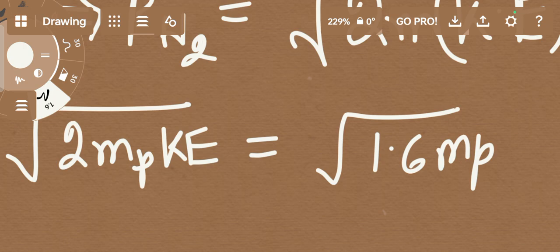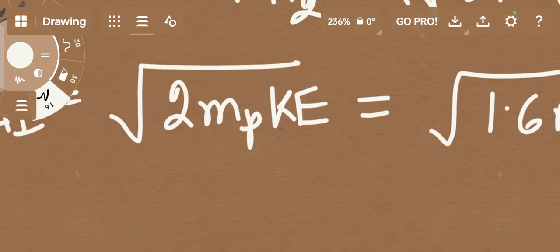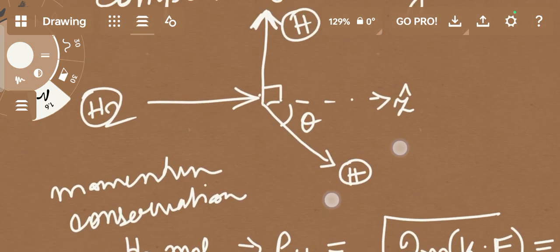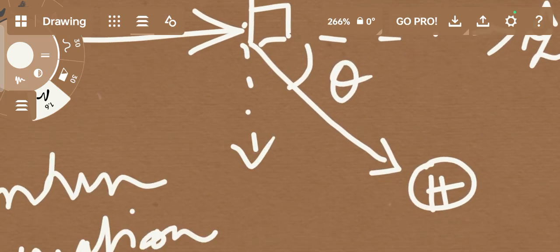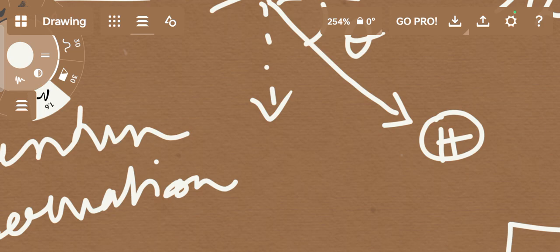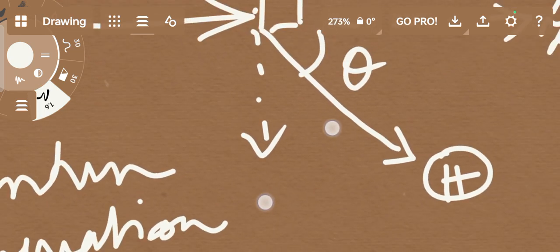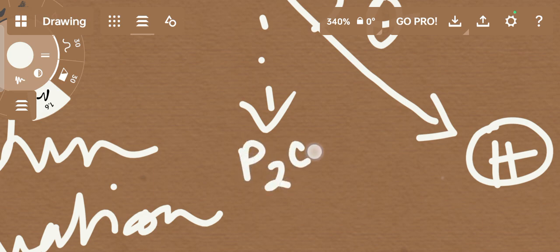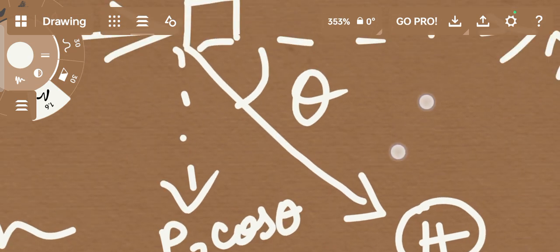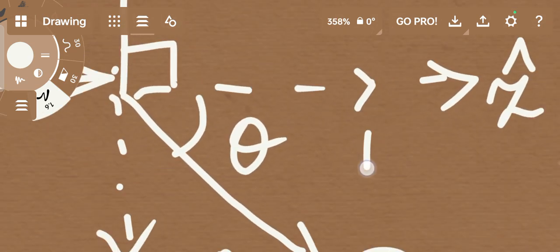Now for the other atom we have a theta component, so let us break it. This is the momentum. This is p2 cos theta. This is p2 sin theta.